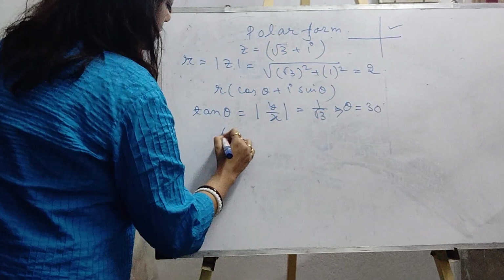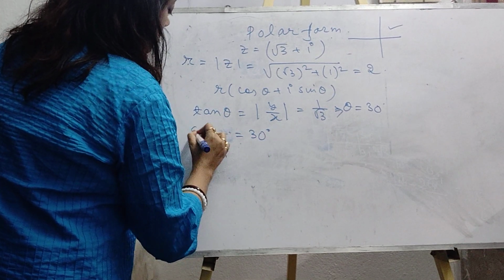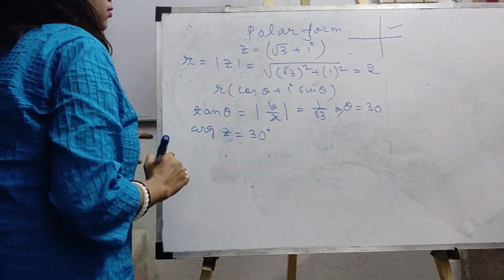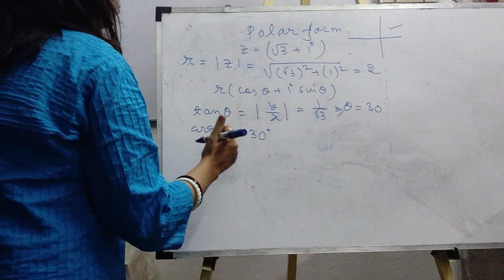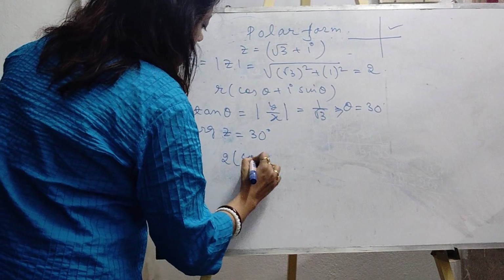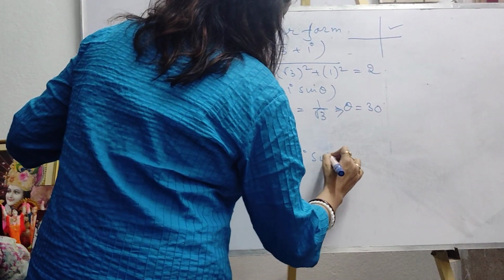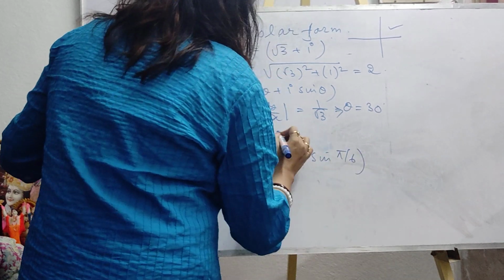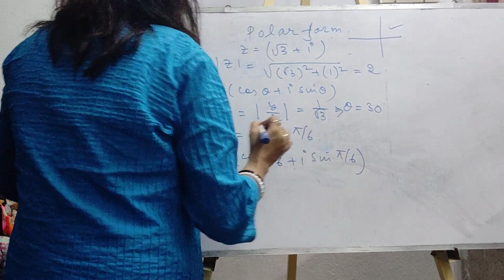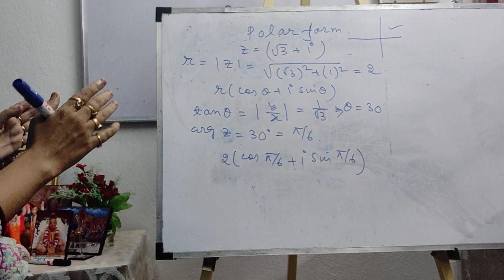So it's very obvious that theta is 30 degree. Means argument of z equal to 30 degree. Now the answer will be 2 into cos pi by 6 plus i into sin pi by 6, since 30 degree equals pi by 6. This is the polar form of this number.